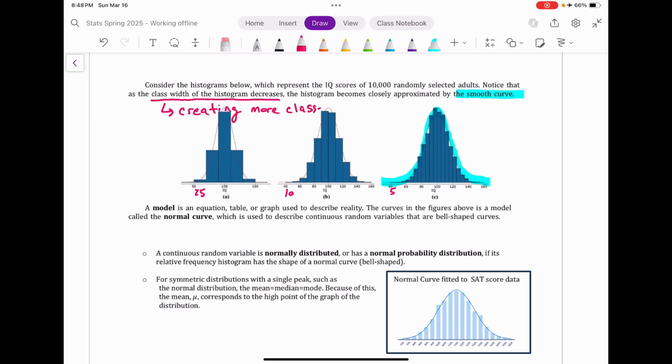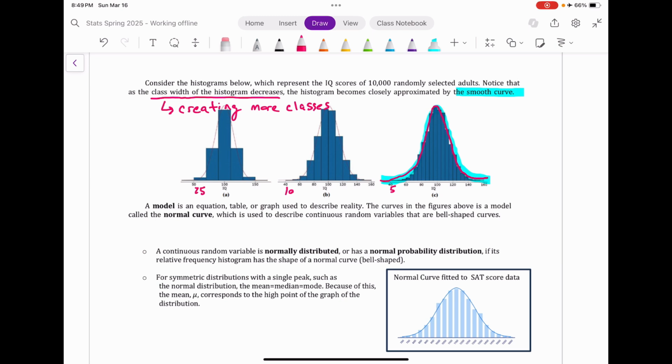And you'll notice as we do this, we create a smooth curve that approximates the histogram. You can imagine if we created an infinite number of classes, it would get even closer to this smooth curve. We call this a model, and we call it the normal curve.